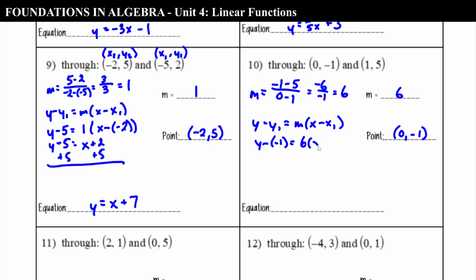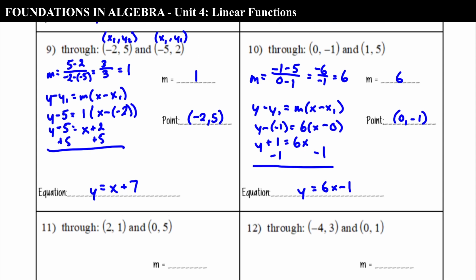Our slope is 6. Our x1 is 0. And so you've got y plus 1 equals 6x, because 6 times 0 is 0. No need to write anything here. And we subtract 1 from each side, and you're going to get y equals 6x minus 1.